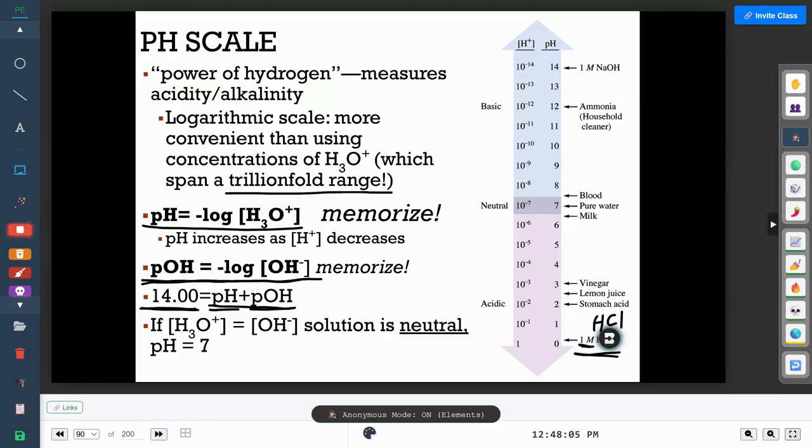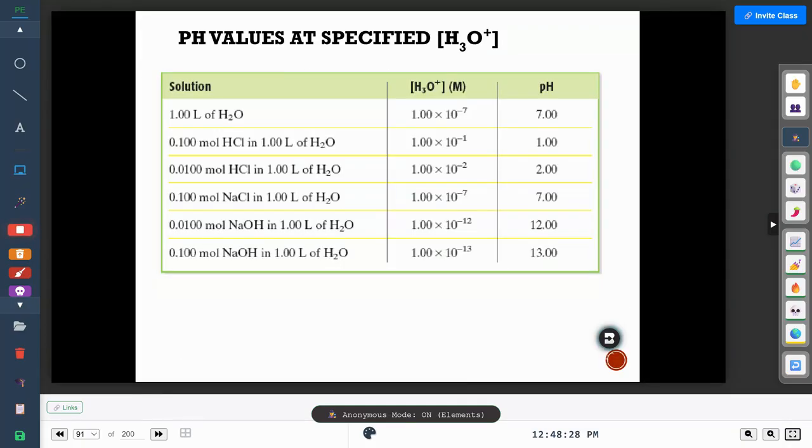And anything that's more concentrated than a 1 molar solution of sodium hydroxide would now start going above 14. Okay, so we typically do not deal with values in those areas, but those things do exist.